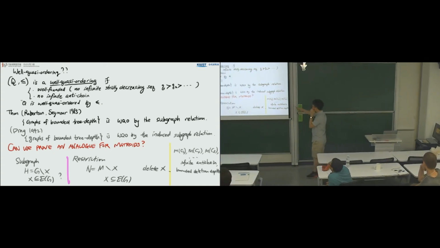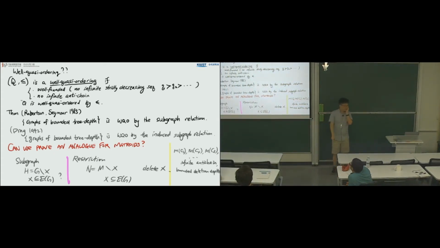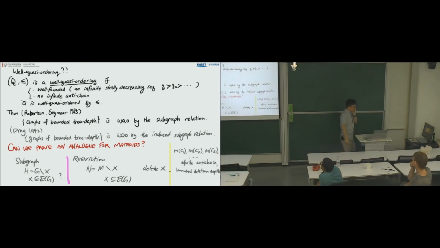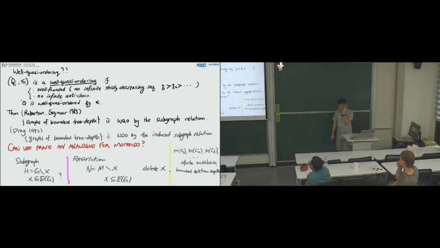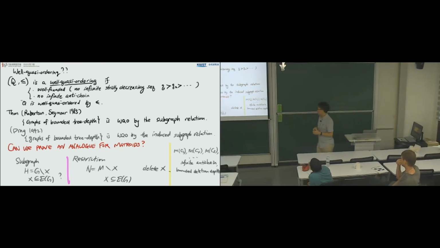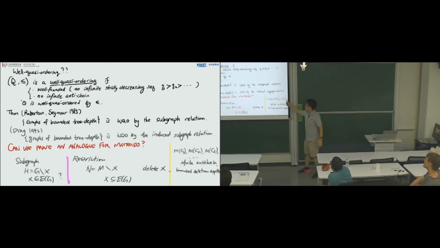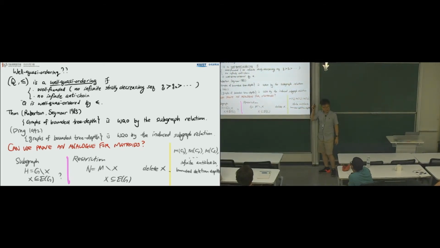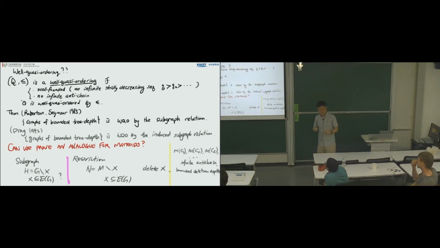So they form an infinite antichain. In order to say that they are well-quasi-ordered by matroid restrictions, we cannot have an infinite antichain, so we cannot have a long circuit. So it's better to forbid long circuits. Then the contraction depth is small.